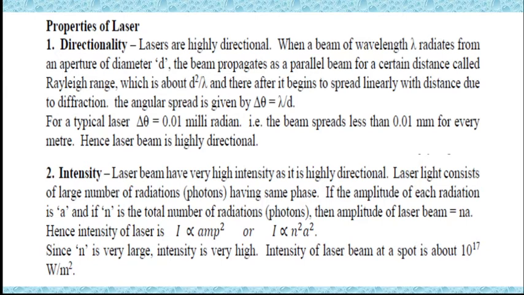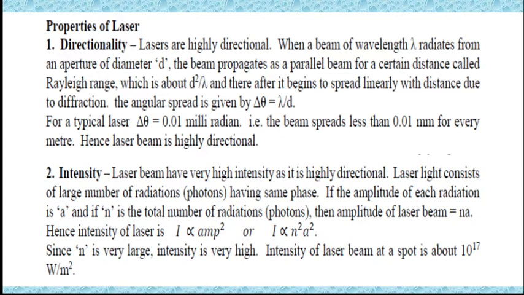It is highly directional. Laser light consists of a large number of photons having the same phase. Let the amplitude of each photon be taken as equal to small a.